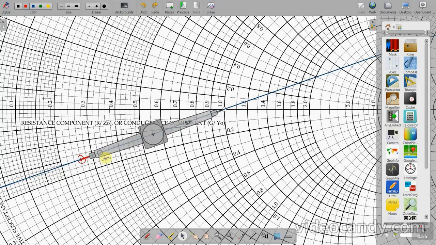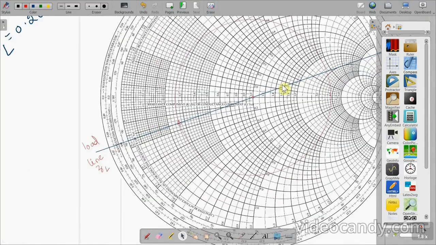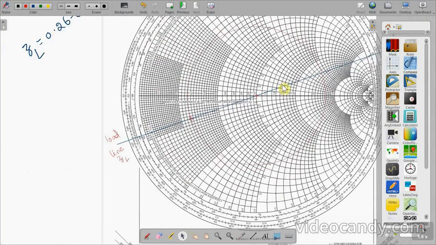And now draw the constant S circle using the compass. You can see the constant S circle has been drawn.